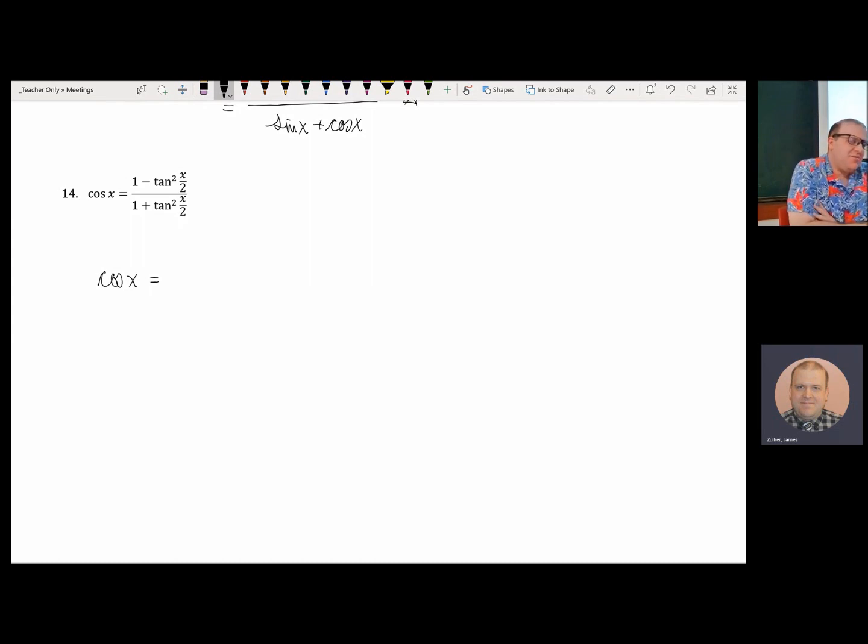Cosine of x. Can't we use a double angle?